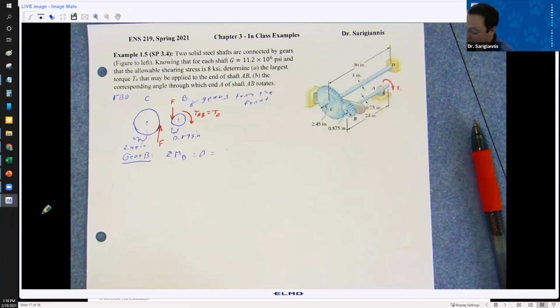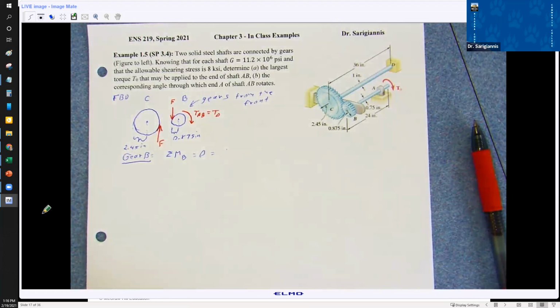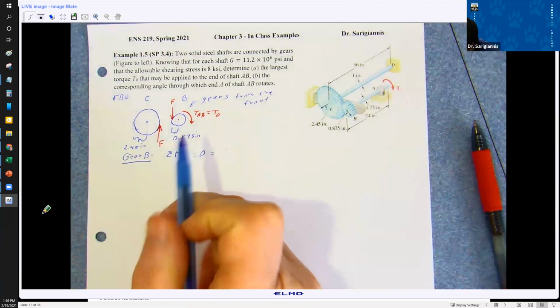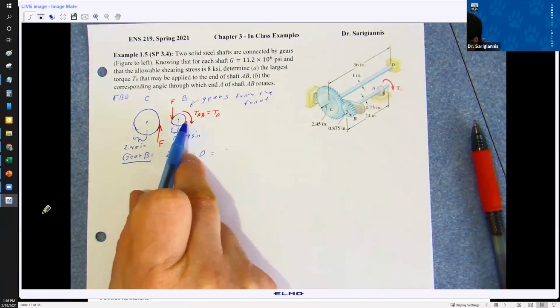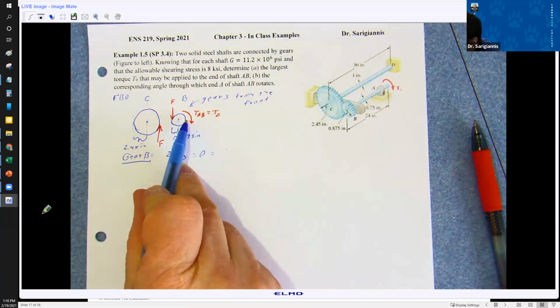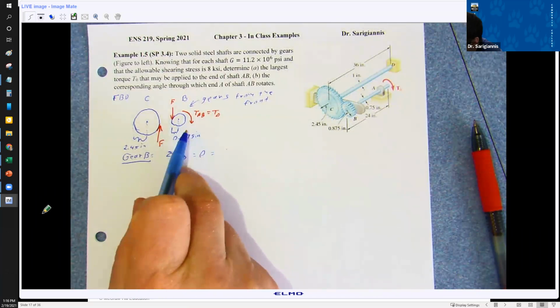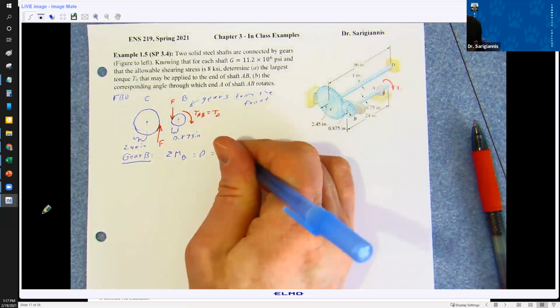All right, so gear B, the sum of the moments. So what does that mean? Well, the force here and the torque are both generating moments about B. The torque is going counterclockwise, and the torque is a moment. So we've got a negative T naught.